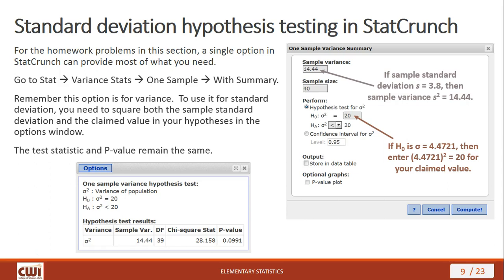So you don't need to take the square root of anything in your results window. Just take the test statistic and the p-value straight off the results window. As always, the test statistic is the second to last value in the results window, and the p-value is the last number in the results window.